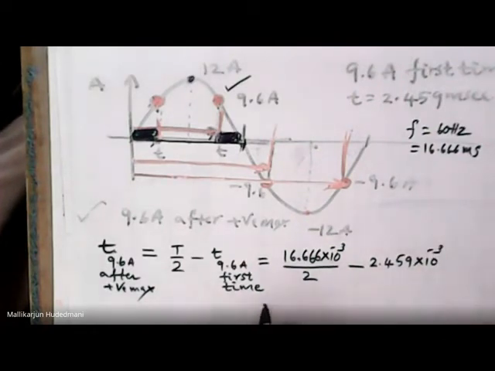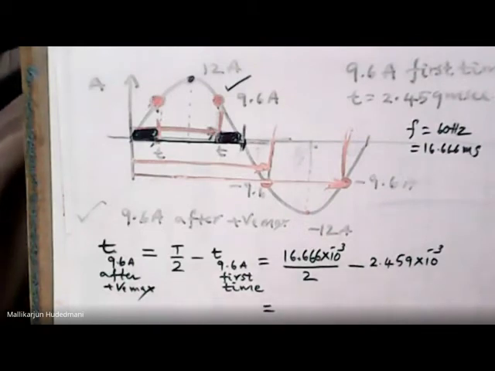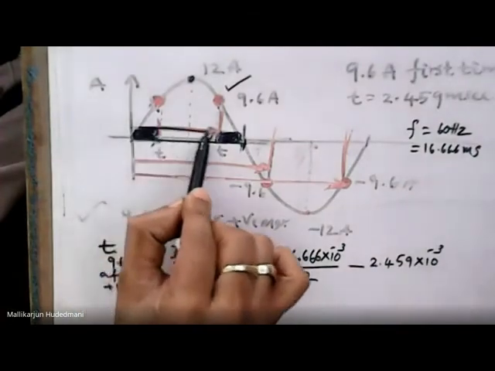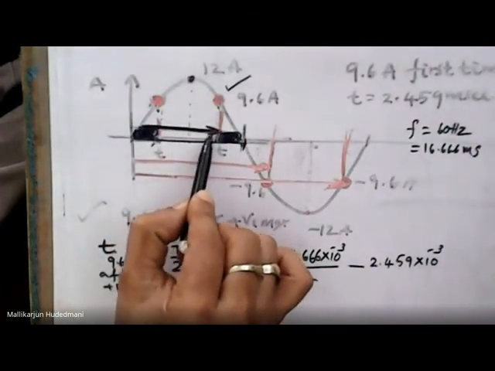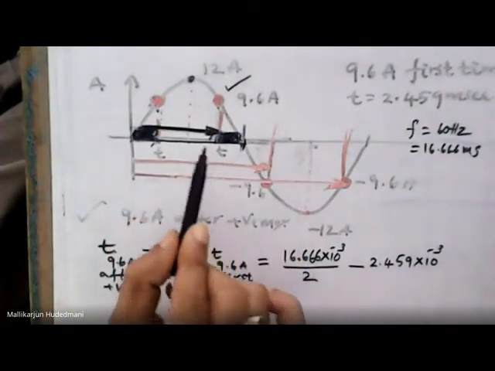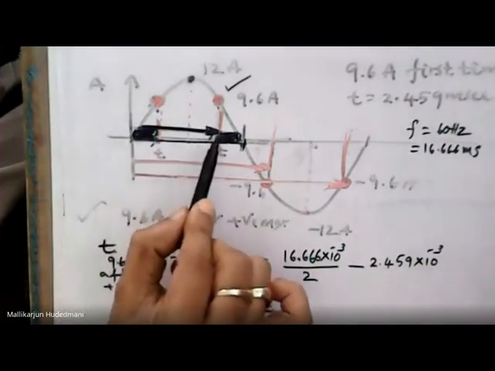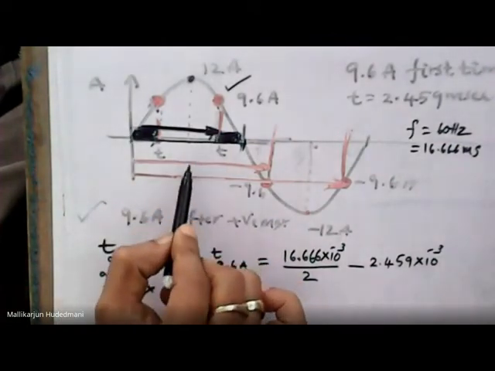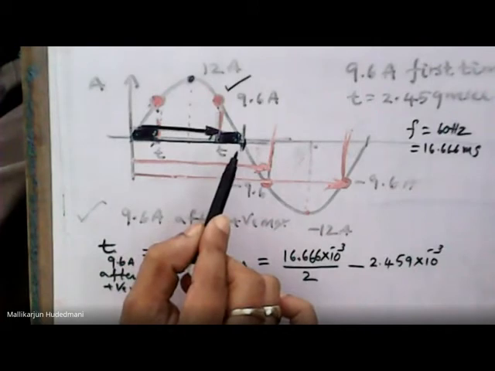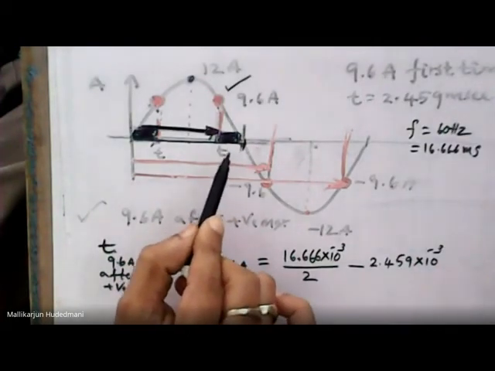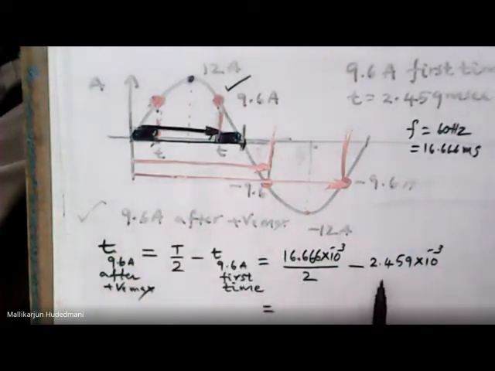If I compute this, let's look into this. I am able to get this length of time. Can you see this dark arrow I made here? From this 0 mark till this point, the length of time is half cycle time minus this discrete width of time for first time. When I do it, this gives me the time for its first appearance after the positive peak.